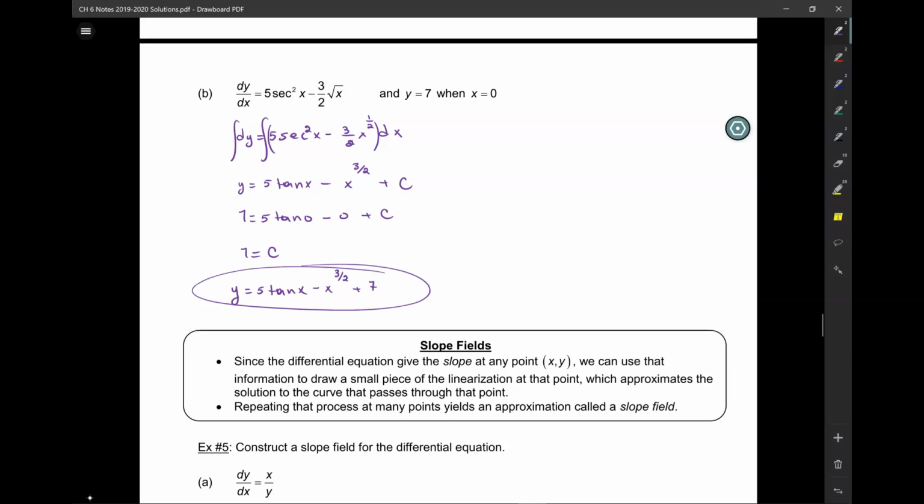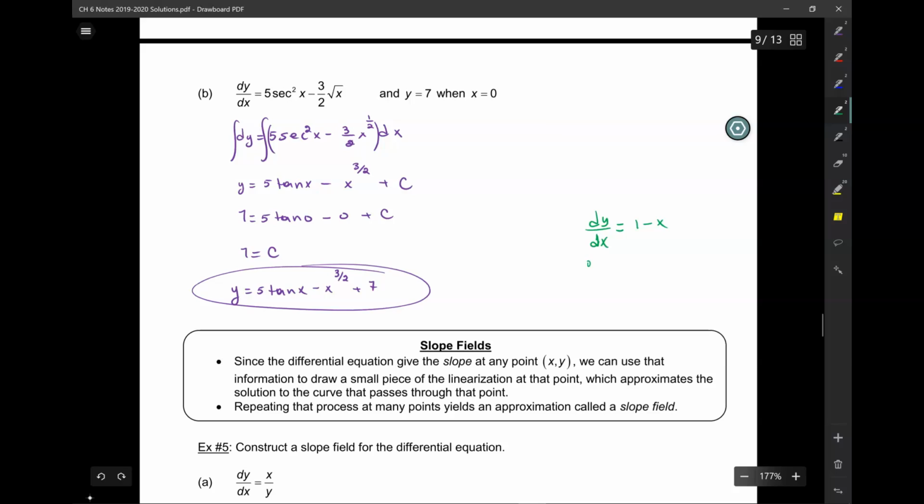That means even if I don't know what the function is, so suppose like we take another one, right? So suppose I say dy dx is equal to 1 minus x, okay? So what does that mean? Even if I don't know what the actual function is, would I be able to find the slope when x equals 0?